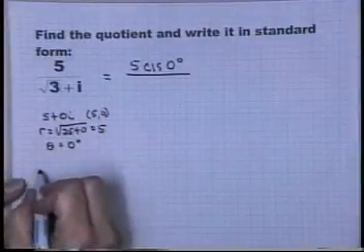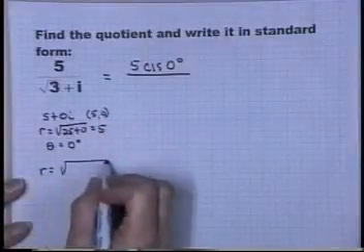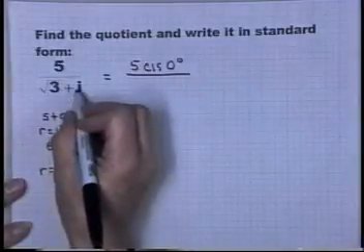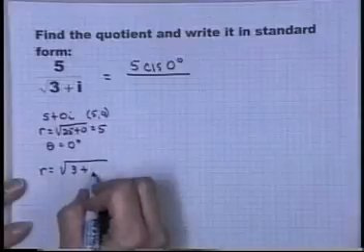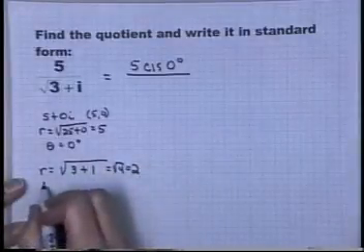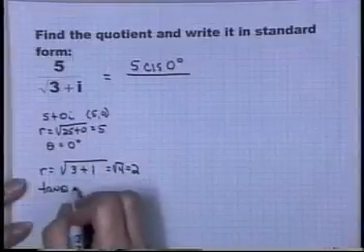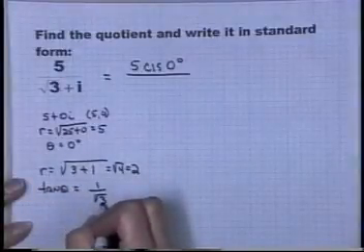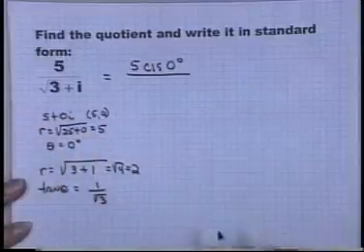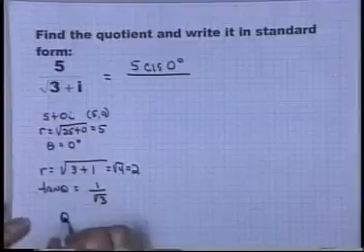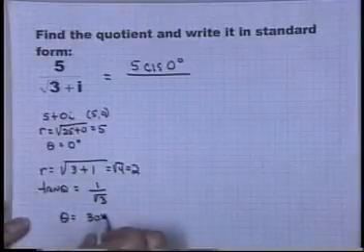For my second one, r is the square root. If I square x, I get 3, plus, recall here, that's a coefficient of 1, so 3 plus 1, square root of 4 is 2. The tangent of angle theta is my y, which is 1, over my x, square root 3. I'm in the first quadrant, so the angle whose tangent is 1 over the square root of 3 is 30 degrees.